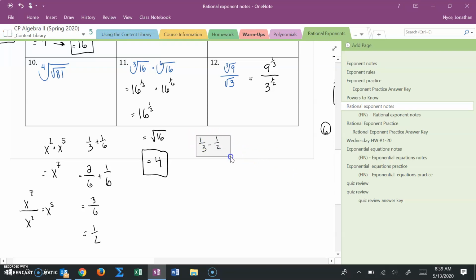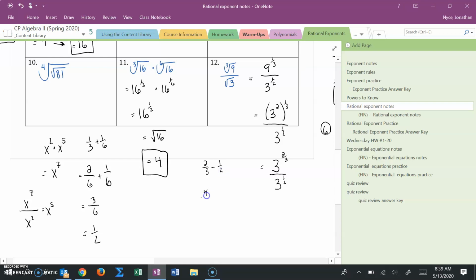But what we can do is rewrite 9 as 3 squared to the 1/3 and 3 to the 1/2. That gives us, if we raise our power to a power and multiply, 3 to the 2/3 over 3 to the 1/2. And now the base is the same, we're dividing, so we can subtract the exponents. 2/3 minus 1/2.